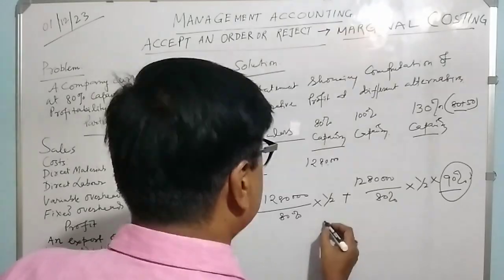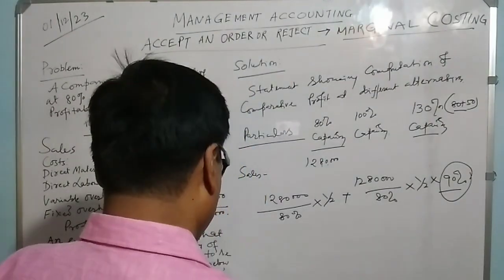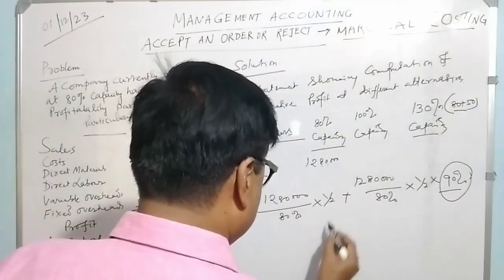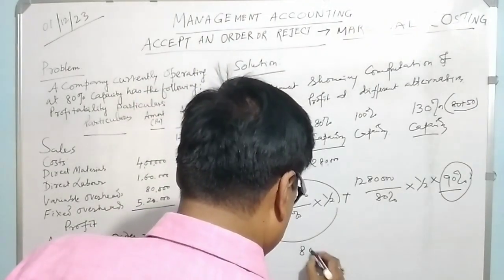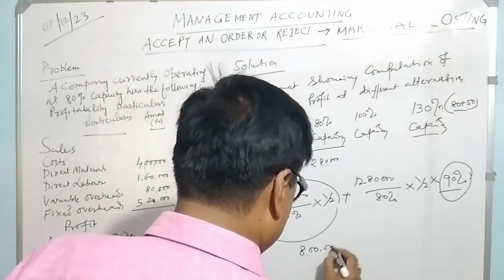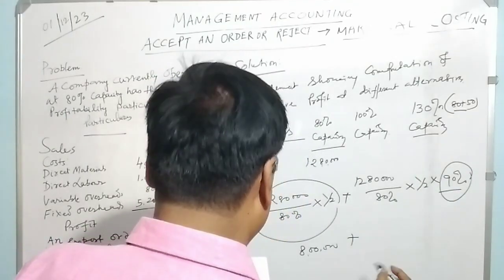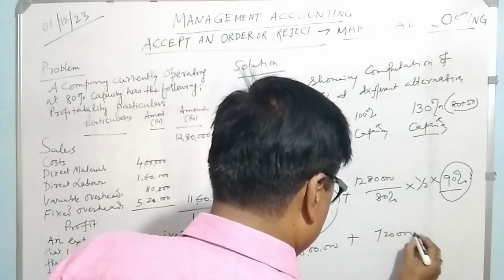If you solve this, this figure will come: 8 lakhs. This portion, if you solve it, will be 8 lakhs, plus this will be 8 lakhs into 90%, which is 7,20,000.